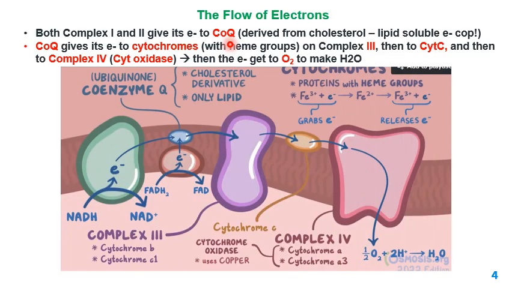Okay. So here is that whole flow of those electrons. Okay. So remember here you have your CoQ that is derived from cholesterol. Okay, and that's your lipid-soluble one. And remember that I also had mentioned that you have certain supplements that can give a bit of a power up to CoQ function. And that is your CoQ10. Okay?